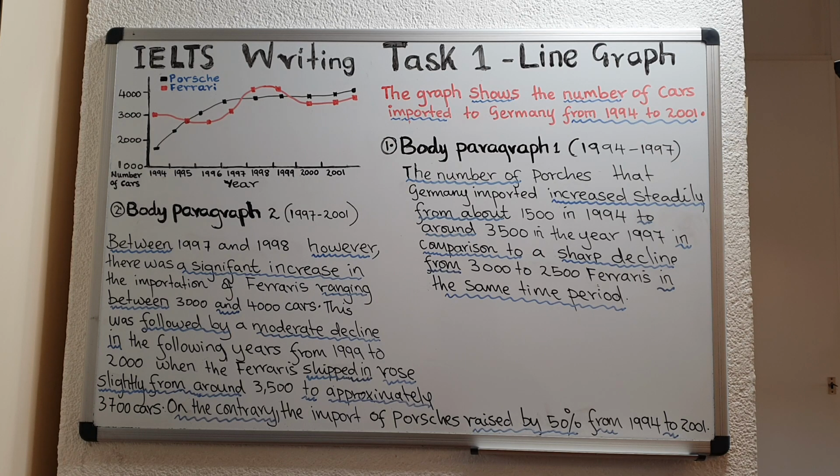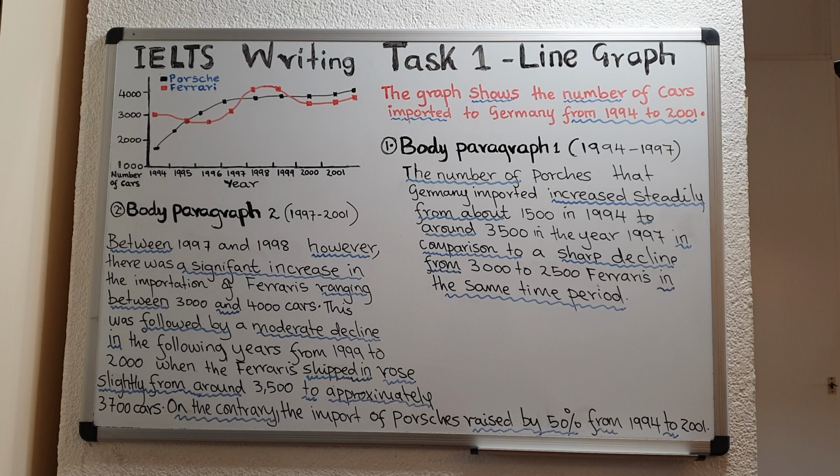Now, once you have received your question, the first thing that you have to do is to look at the line graph. You need to look at the graph and extract as much information as you can. First, look at the horizontal line. There you have the number of cars ranging from 1,000 to 4,000.